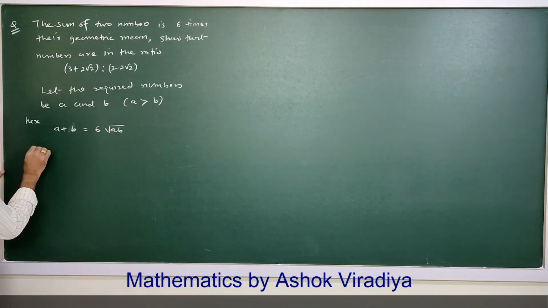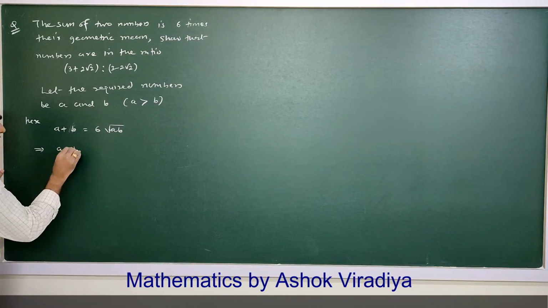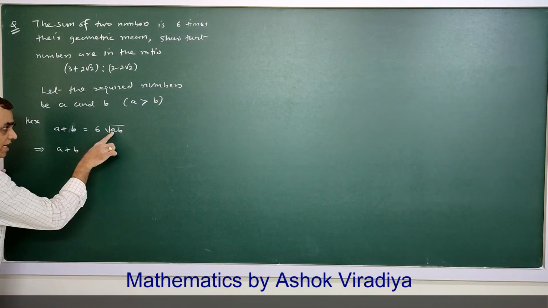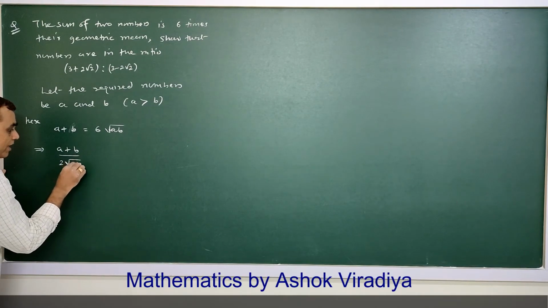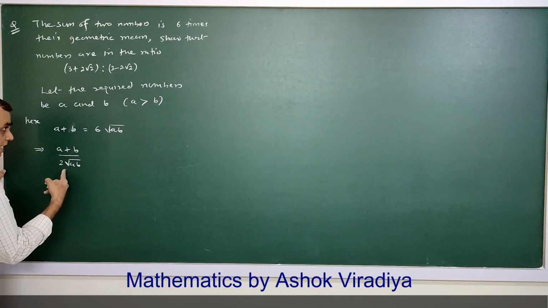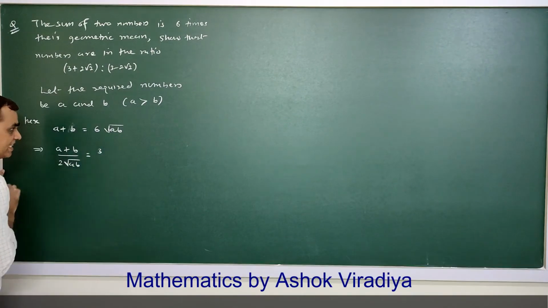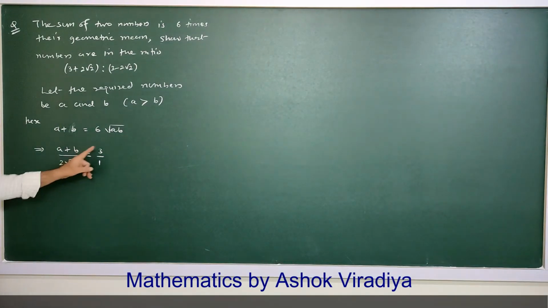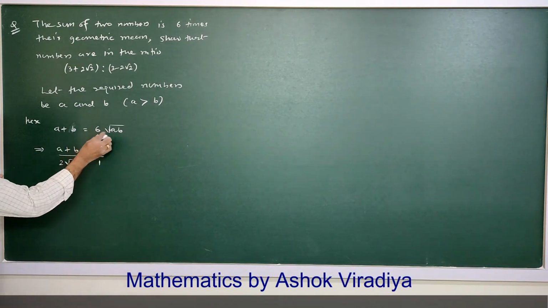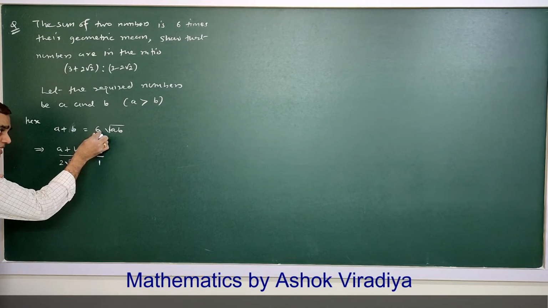So here, (A plus B) upon, on this side, I am taking 2 into root AB in the denominator, 2 into root AB. Here keep 3 as it is. From 6 keep 3. So this is 3 by 1. Why are we taking 2 from this 6?